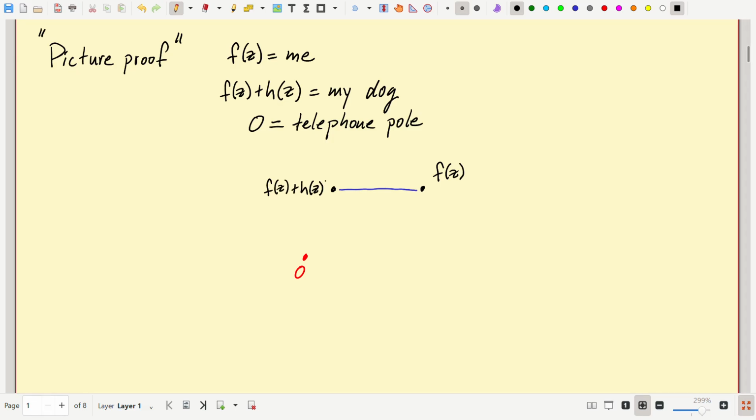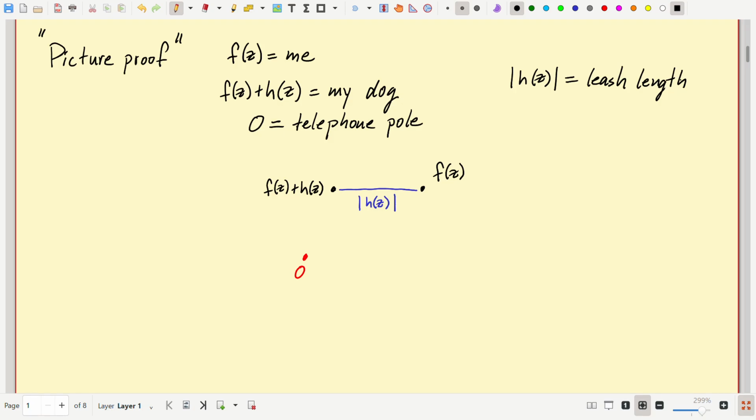That's my dog. And so the leash length here is the modulus of h of z. And nowadays you have an extendable leash, so that can change. In the old days, that was a fixed length. So that's the leash length.